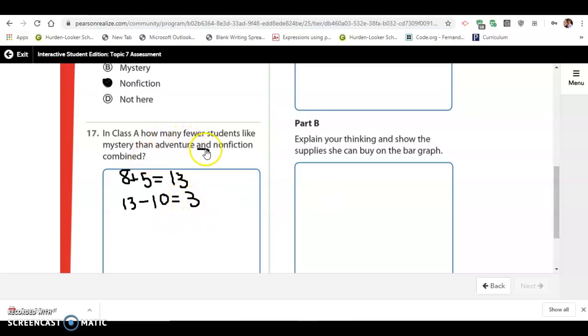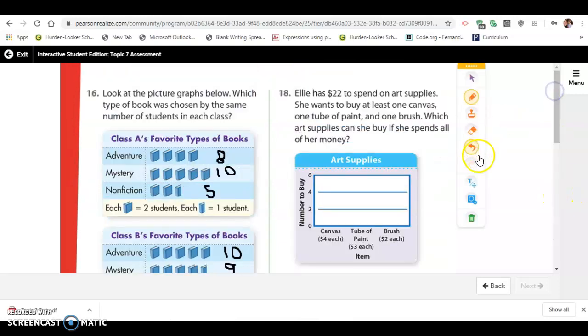We need to make a sentence. So how many fewer students like mystery than adventure and nonfiction? 3 fewer students like mystery than adventure and nonfiction.